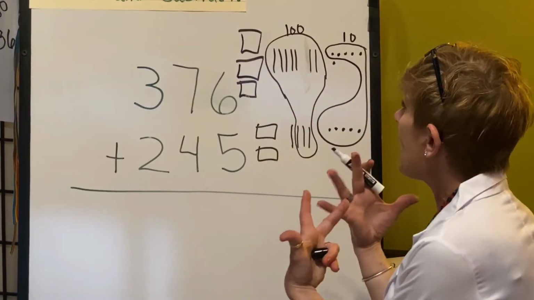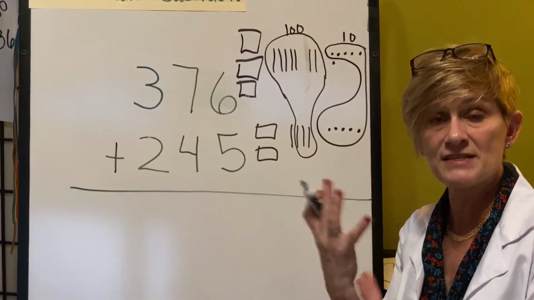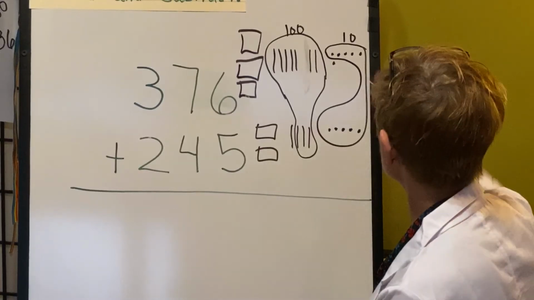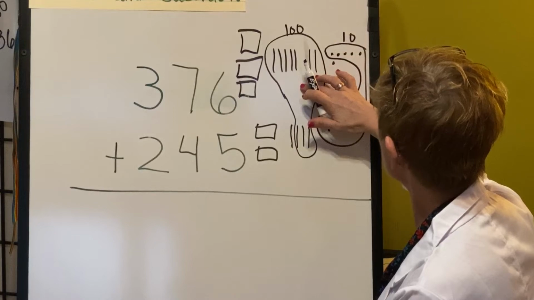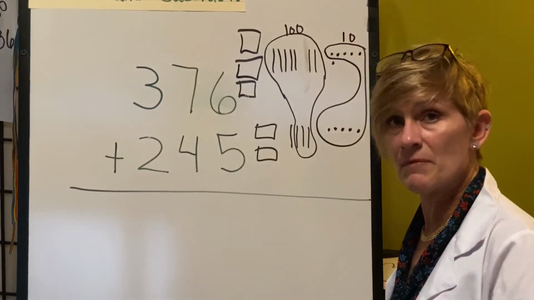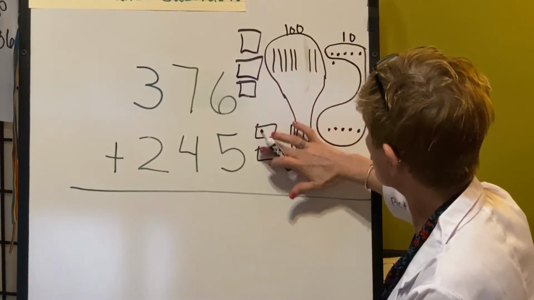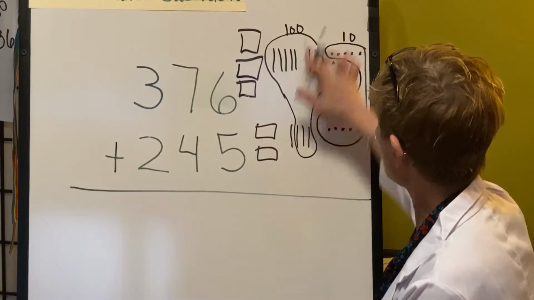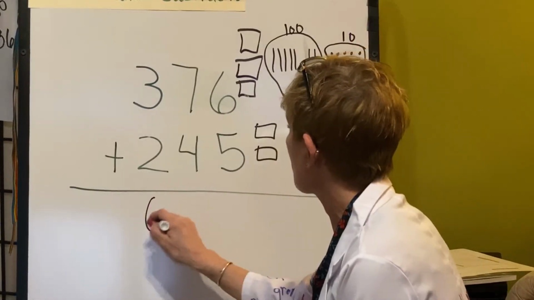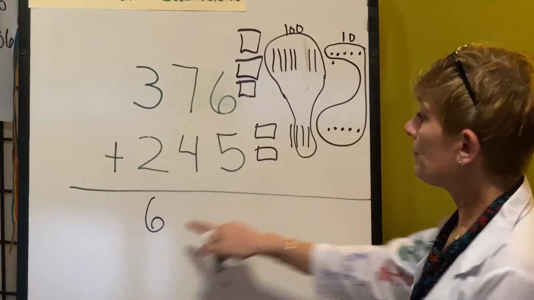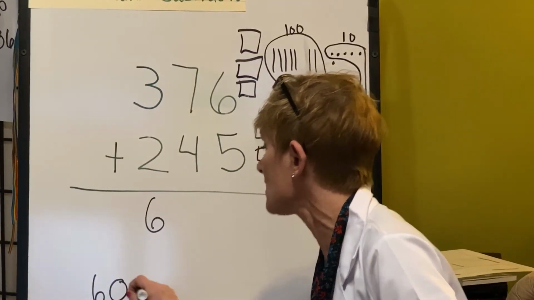Now, friends, what I've done in this visual is group them into hundreds and tens. I can now look at this. I have a 10. I have a 100. I'm going to count up my 100s. 100, 200, 300, 400, 500. I made a 100. 600. I'm putting that in my 100 spot, but I'll even put it here so we can remember. 600.